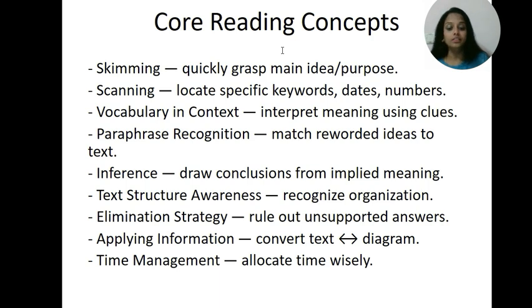Got it? The final one is time management. It means allocating your time so that you skim the passage fast. You have to read the question carefully and you need to scan for the specific place to confirm the answer and move on if a question is taking too long.